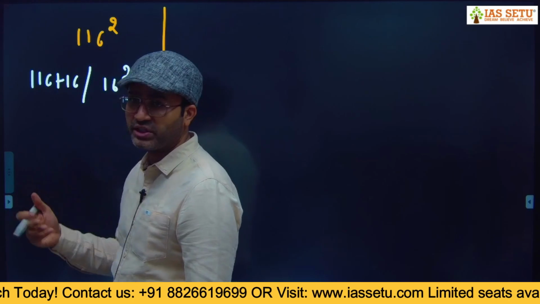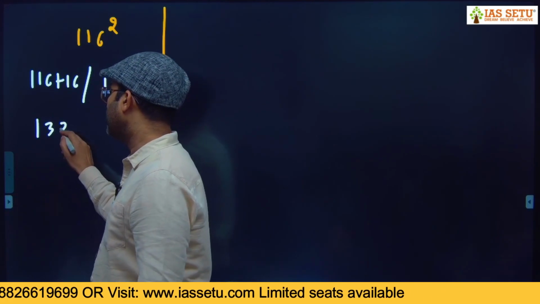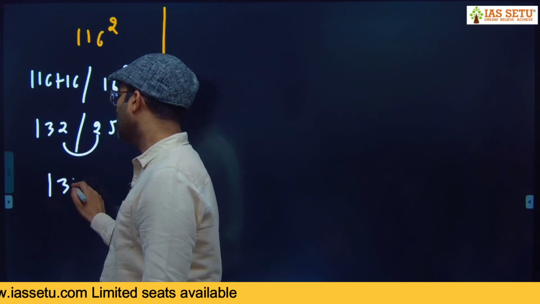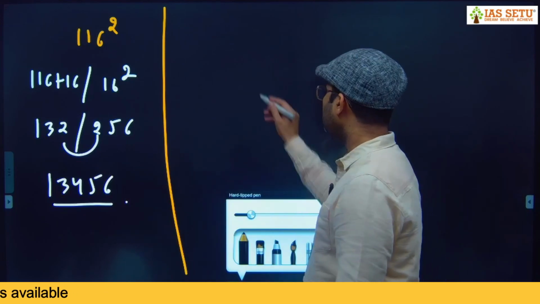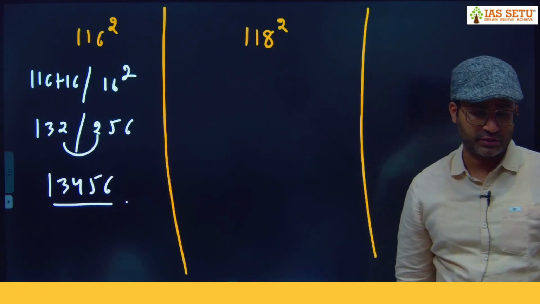If you know 16 square here, you will be fast. Okay. So here it is 132. What is 16 square? 256. So 2 carry forward. 1, 3, 4, 5, 6. Next is 118 square. Try this.